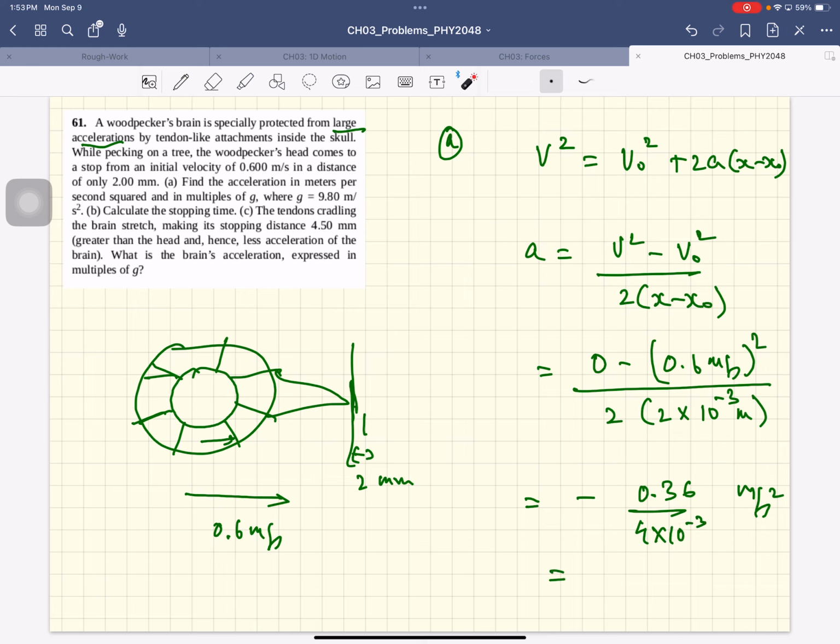That's 360 divided by 4, which is minus 90 meters per second squared. So that's the acceleration of the skull as the head comes to a stop.